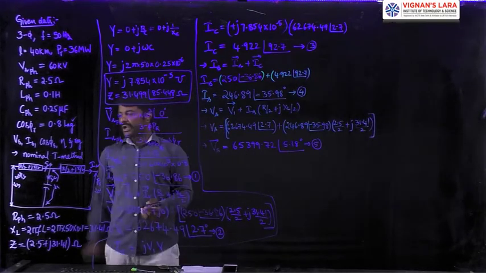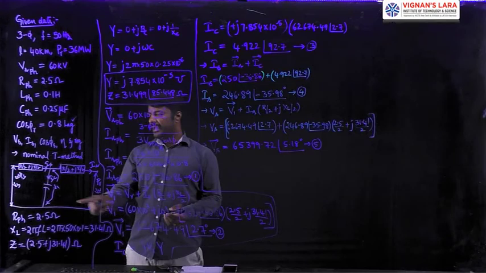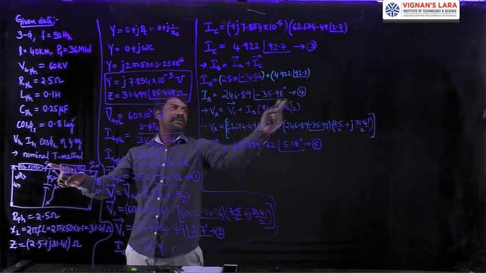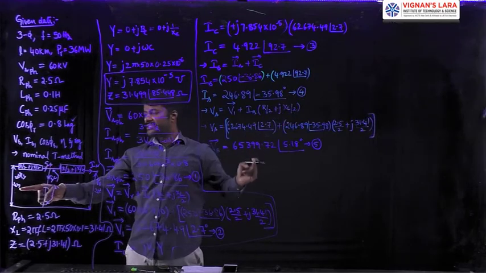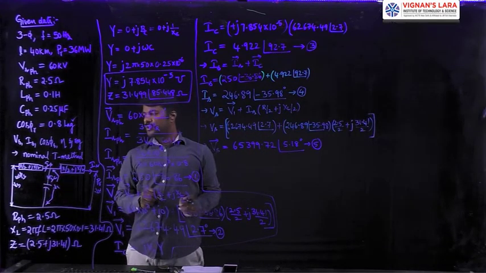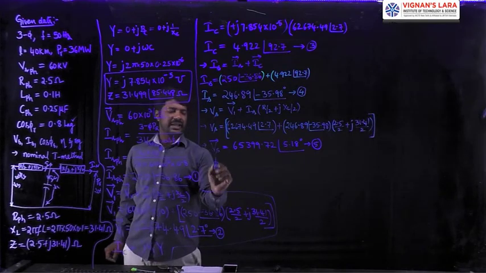So finally we got all the electrical quantities, Vs and Is. Is is obtained from equation 4. Vs is obtained from equation 5. If you subtract the angles of those two, you will get the phase angle phi s.